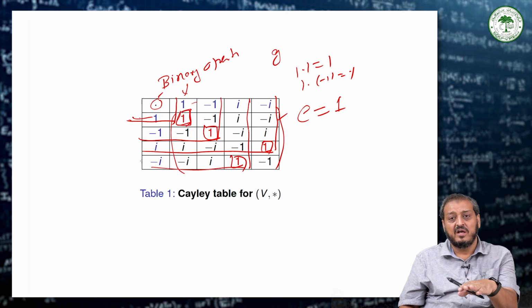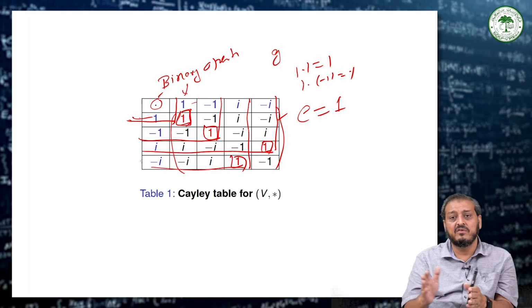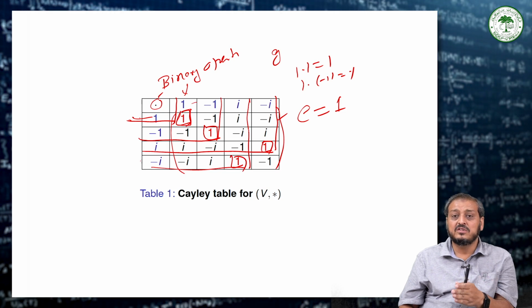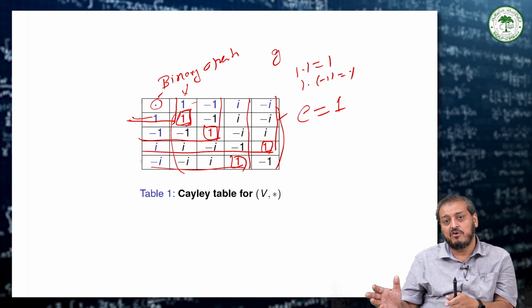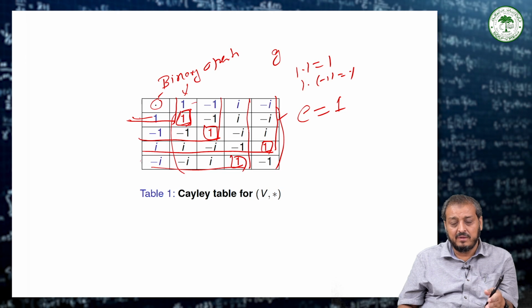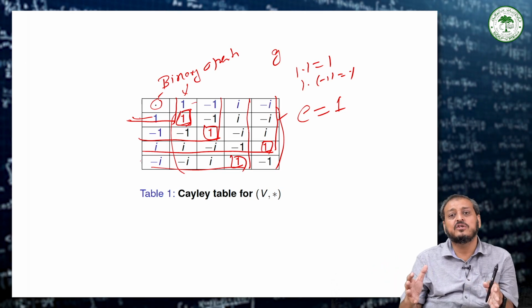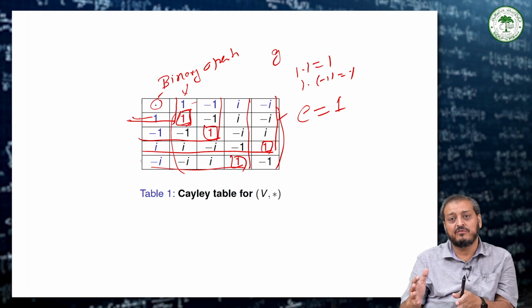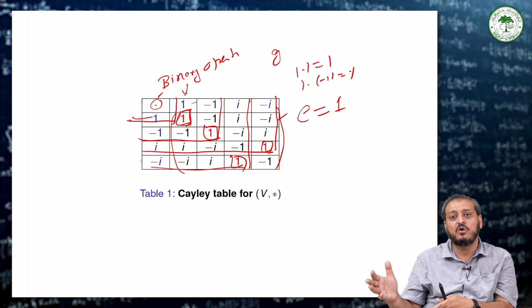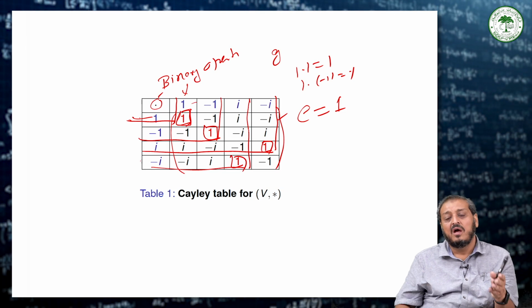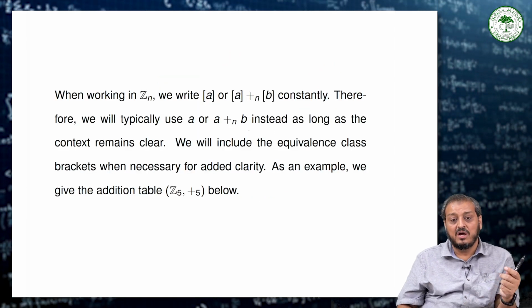So 1, minus 1, I, minus I form a group under multiplication of complex numbers, and the number of elements is 4, so it is a finite group. The order of this group is equal to 4.